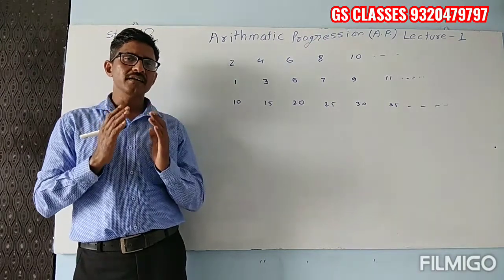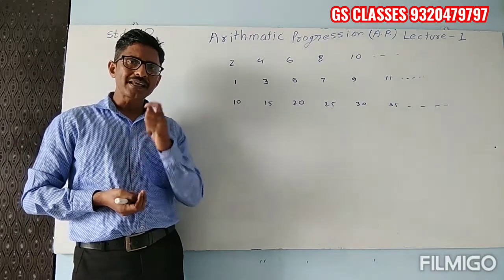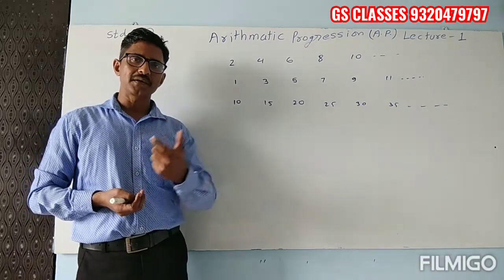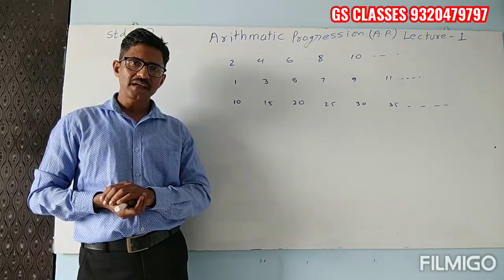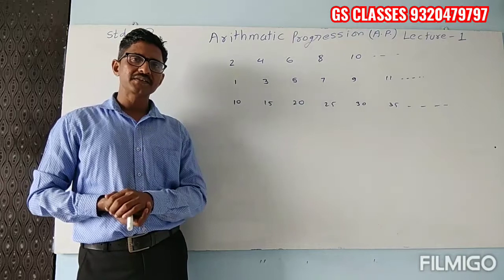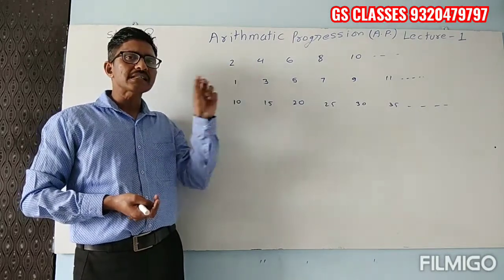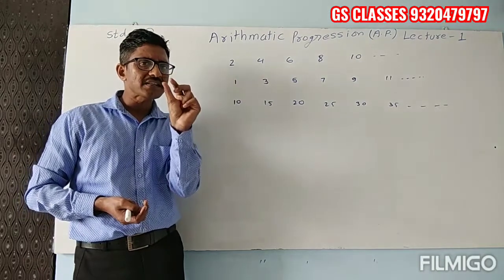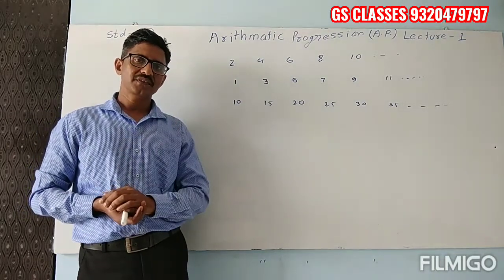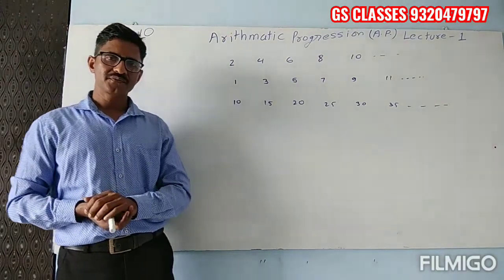Means here in this sequence of numbers, you are able to predict the next number. And why are we able to predict? We are able to predict it because every next number is differing by a fixed amount. There is a constant difference.